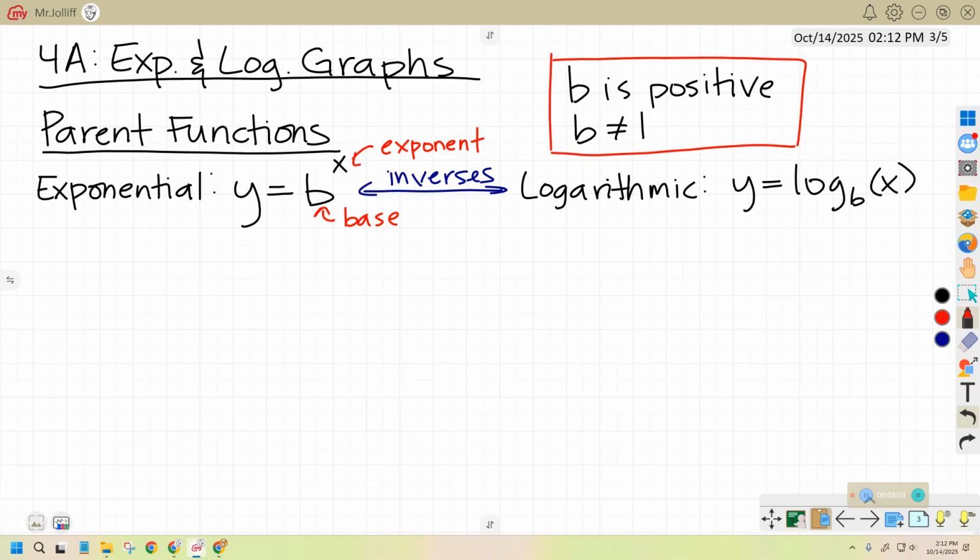What shape does that make? A horizontal line. Yeah, 1 to the x is a linear function even though it's not in linear function form because it plots a flat line. So we are excluding bases being 1. That is not an interesting function.